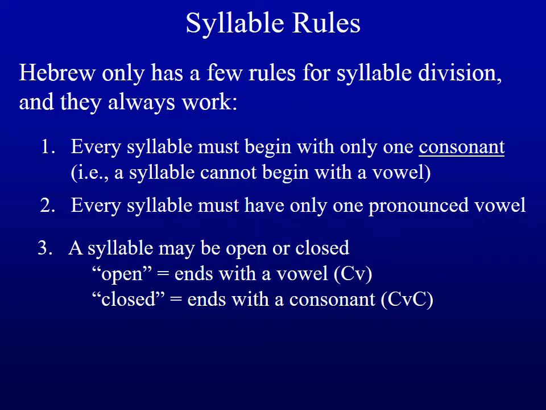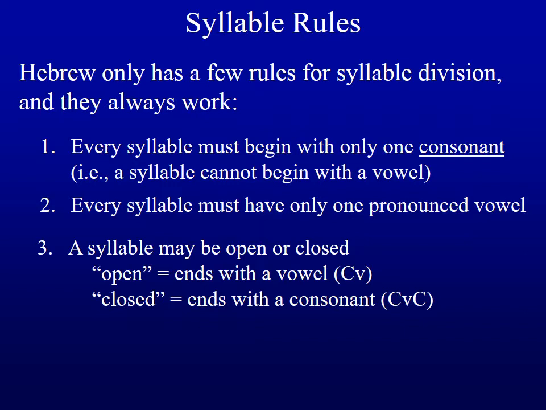Third, a syllable may be either open or closed. When I say open, I mean the syllable ends with a vowel, so it's consonant vowel, like ka. A closed syllable ends with a consonant, so it is consonant, vowel, consonant. It's called closed because the vowel is closed in by two consonants.